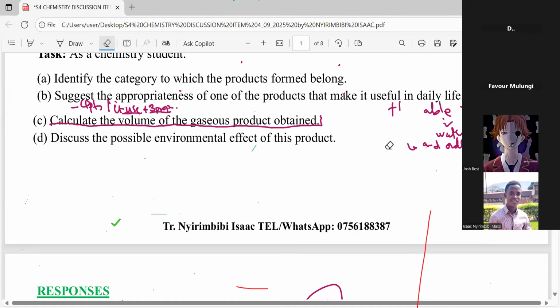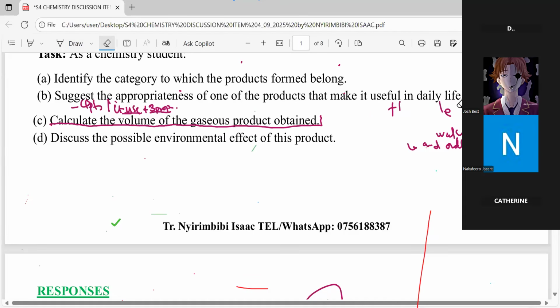It's not your background? No, it's not. Okay. Okay, Favor, you try, you tell us. Yaki, can you mute? Okay. I believe it's better there. Okay, Mulungi, Favor.